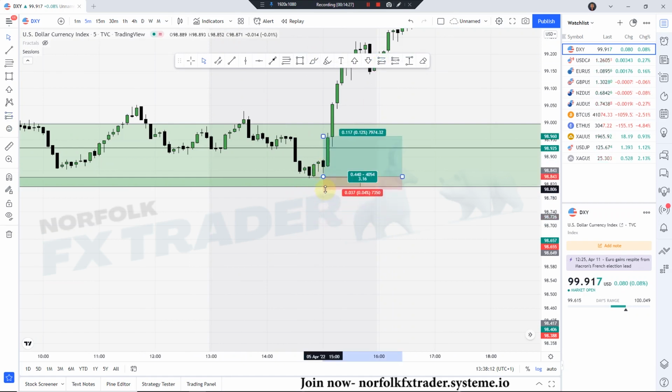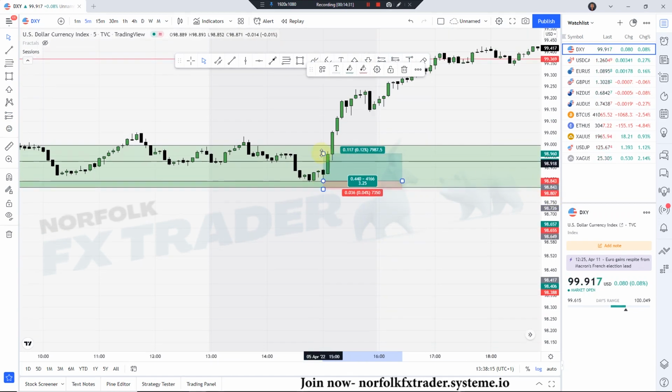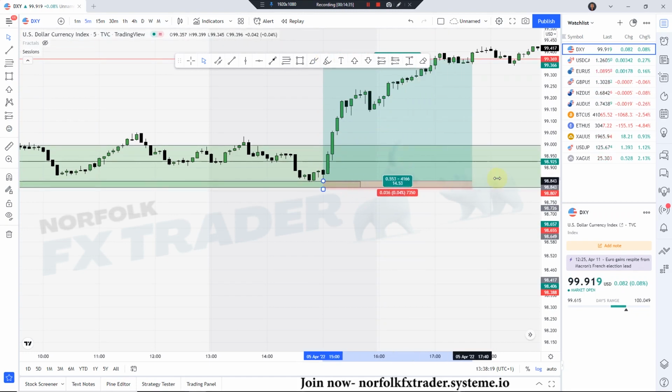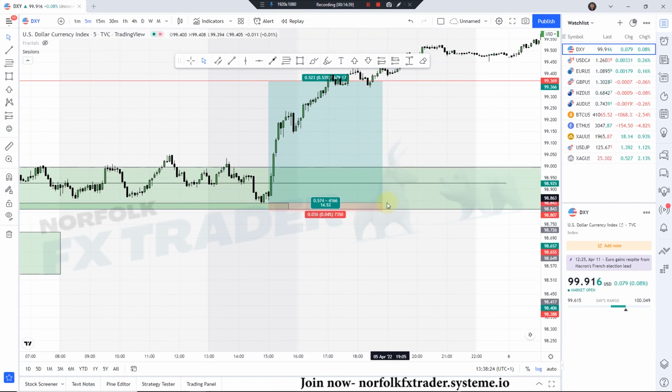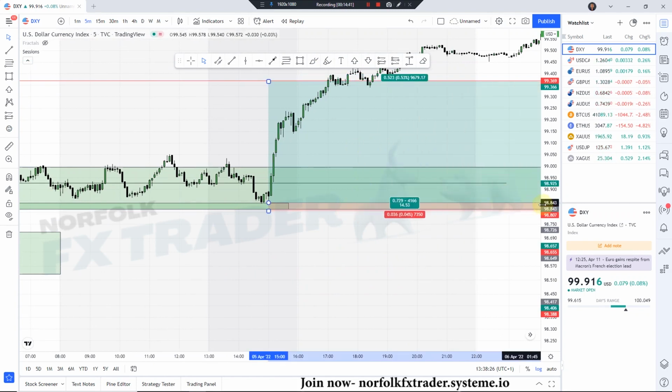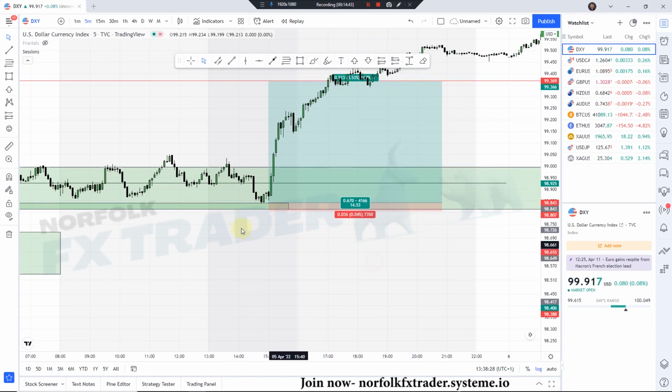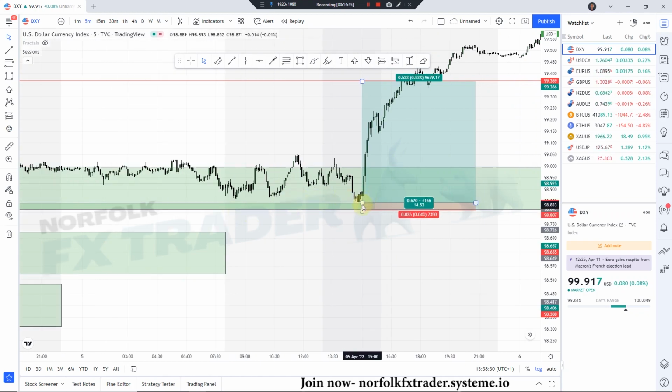Stop the low. And then your target would have been your previous level. Drag that across. And there's your trade. And now we have over a 15-to-1 risk to reward.